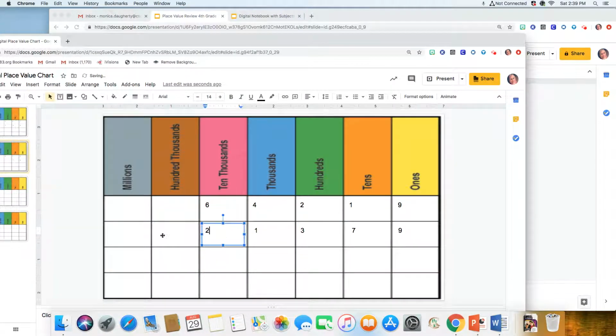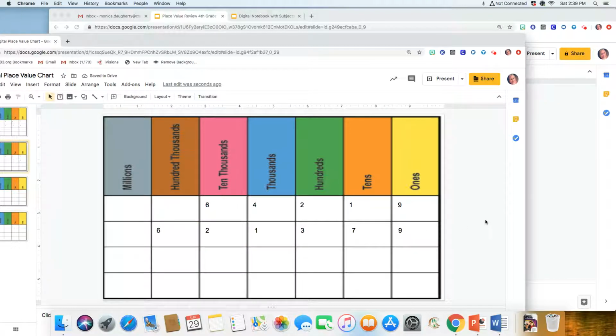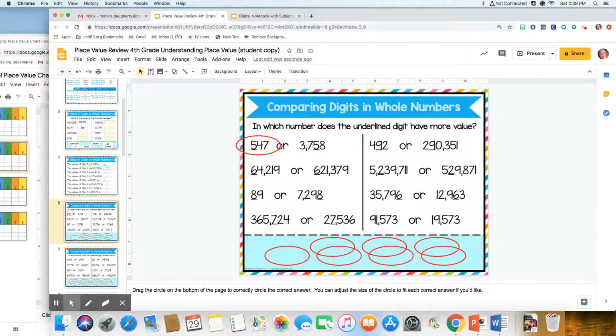So guys, when we were comparing where the gator eats the bigger number, I would automatically know that this bottom number is larger and the gator would eat this one because the 6 is in the hundred thousands. However, in this assignment, we are looking for the largest value of the underlined digit. So we are looking at the 6 in this case.